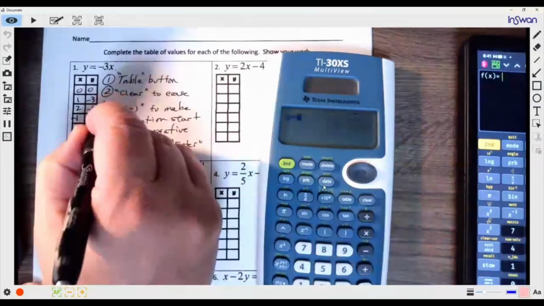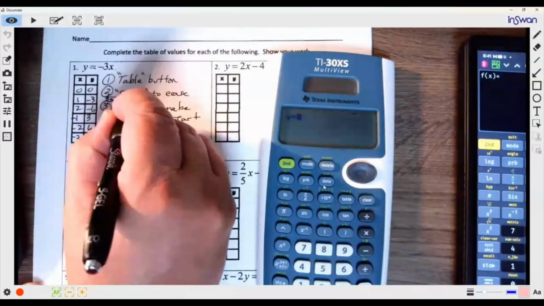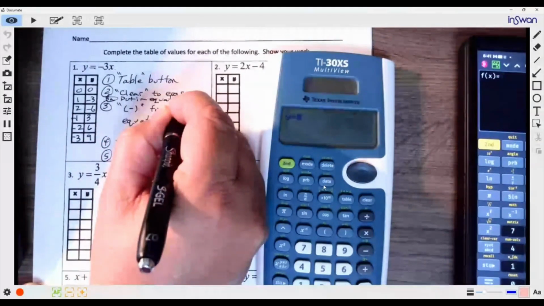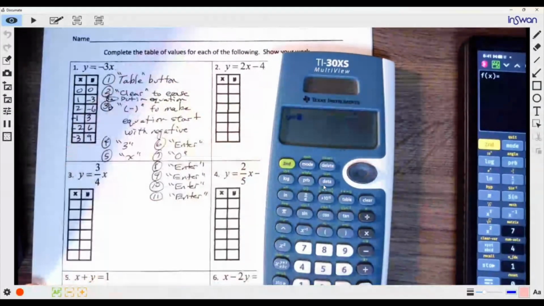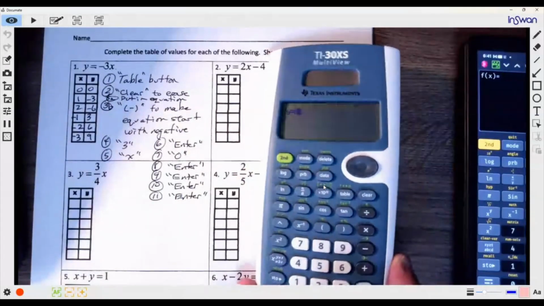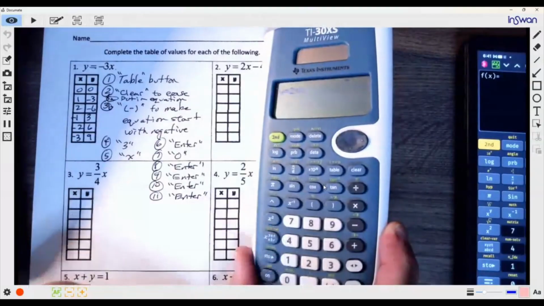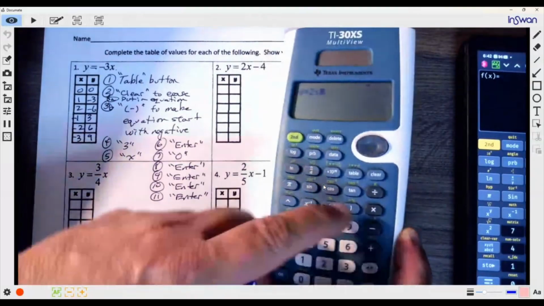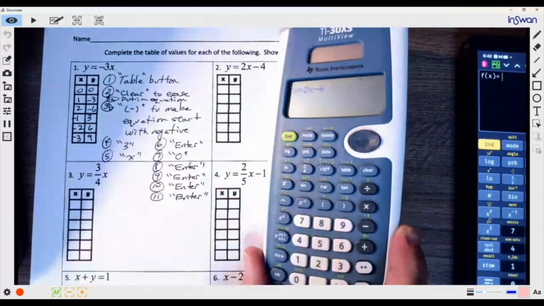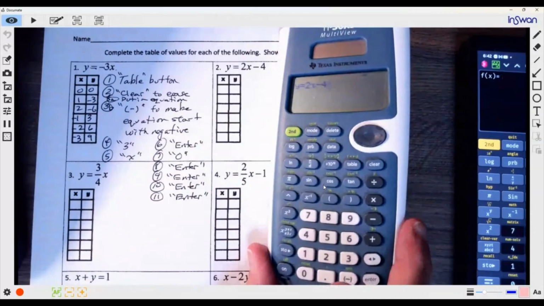So I'm going to put here 3a, put in equation. 3b, if you have a negative in the front, then you need to use the negative key. So we're going to put in 2x minus 4. 2x minus 4.